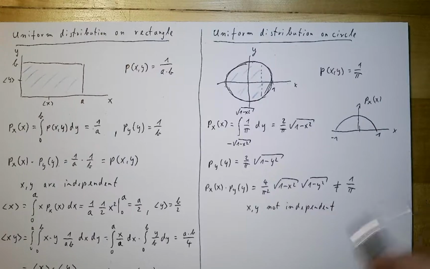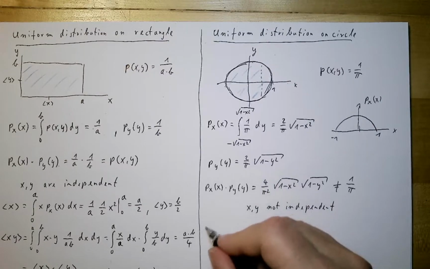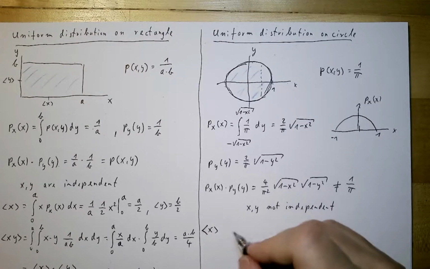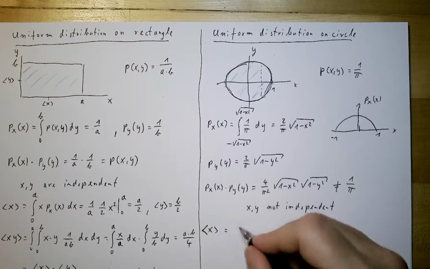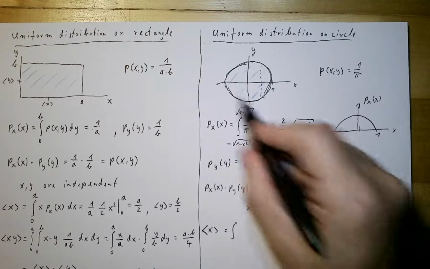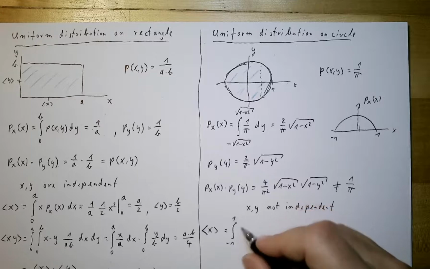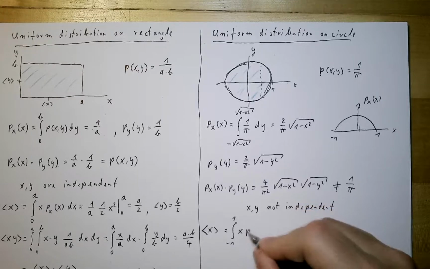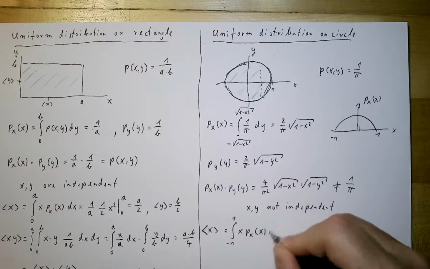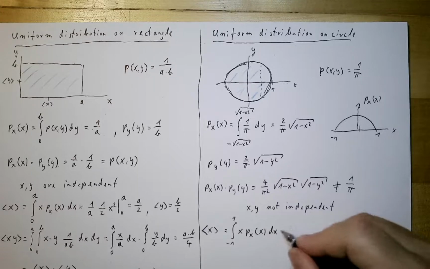But now, what about the covariance? Let's first calculate the expectation value of x. We integrate over x from minus 1 to 1, x times the marginal distribution of x, dx.